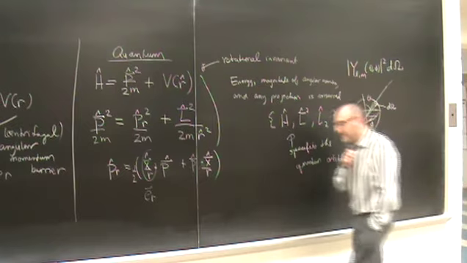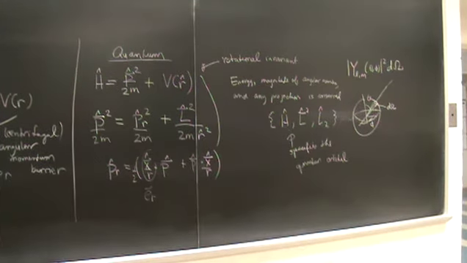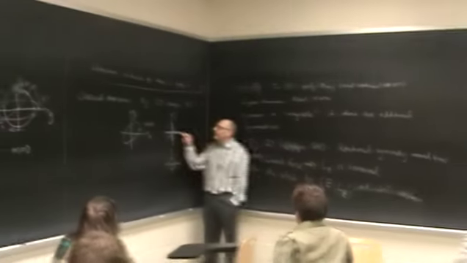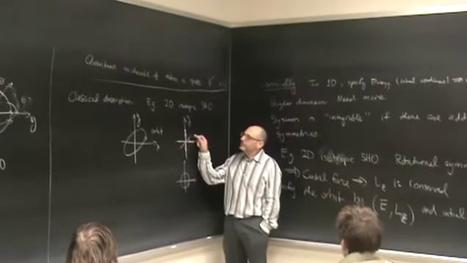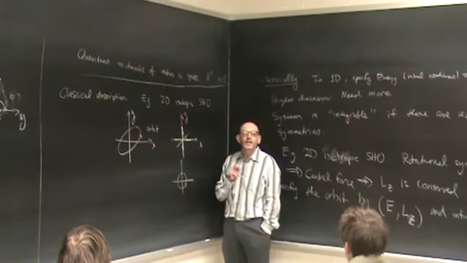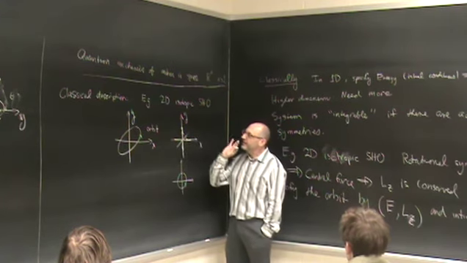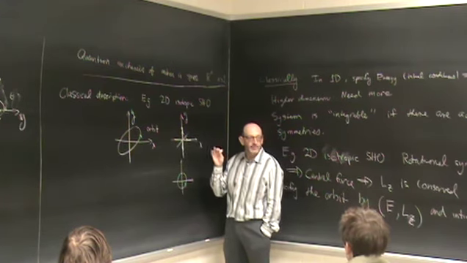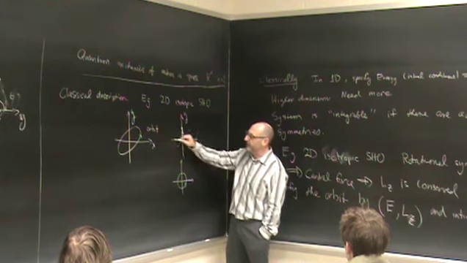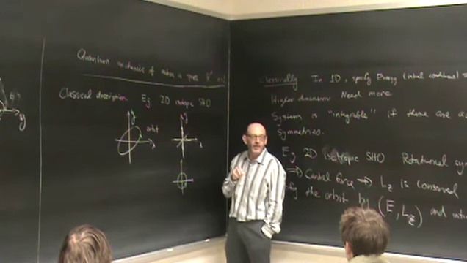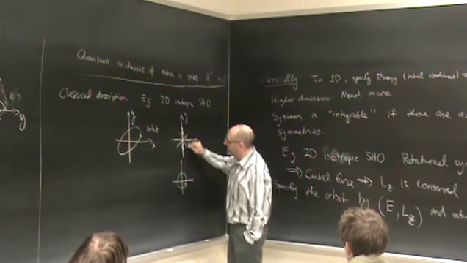Now, one last little picture I want to draw for you is, let's just look over here as an exercise. Let's look at the case of an orbit where we had zero angular momentum. That's the case where the orbit's going through the origin. But if it's got to be rotationally symmetric, it can't be this or this or this. It's got to be a superposition of all of them, which is something that looks like a sphere.